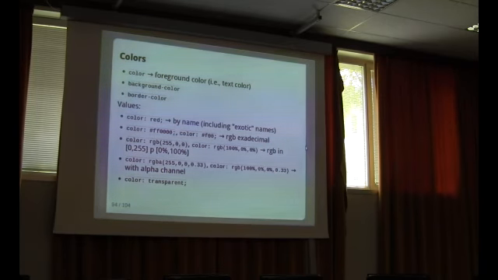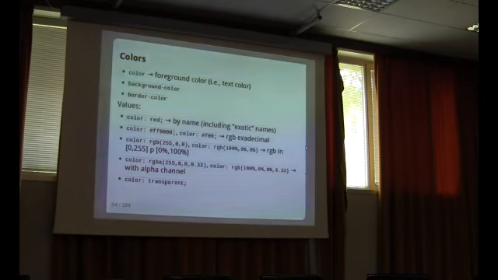Okay, there is a set of style properties concerning colors. The main three are color, which is just the foreground color, background-color, and border-color, which, like the names suggest, specify the foreground color, background, and border.